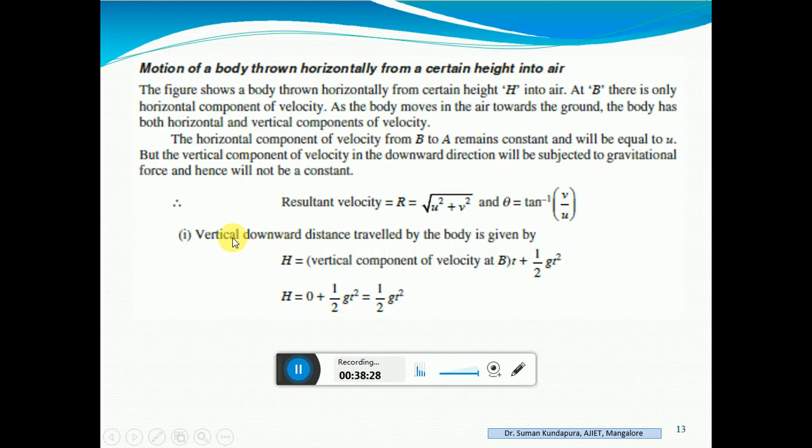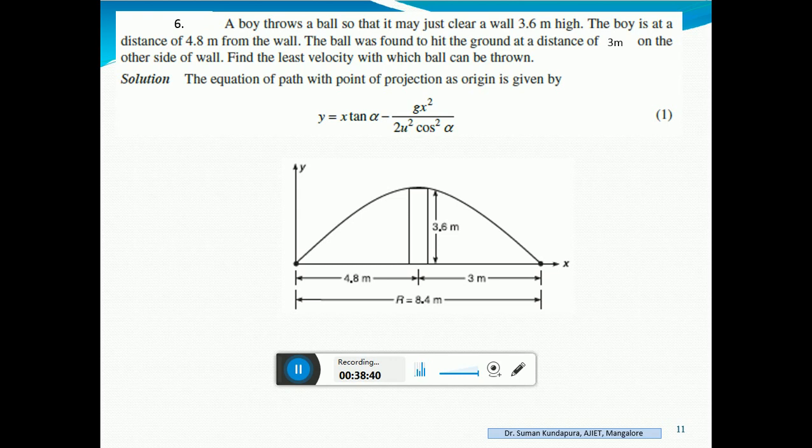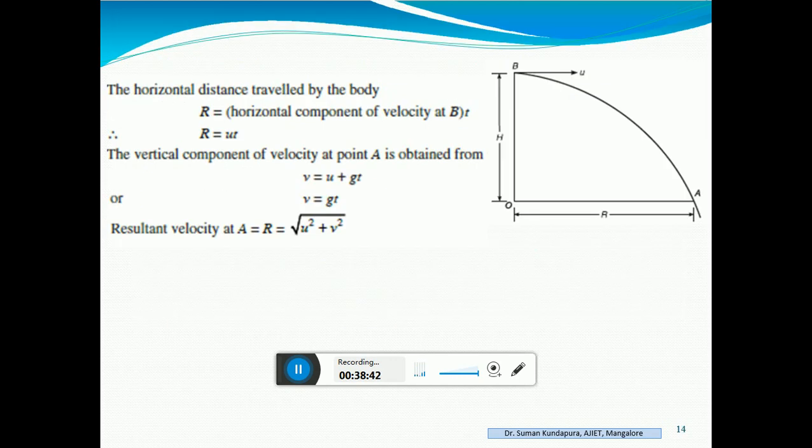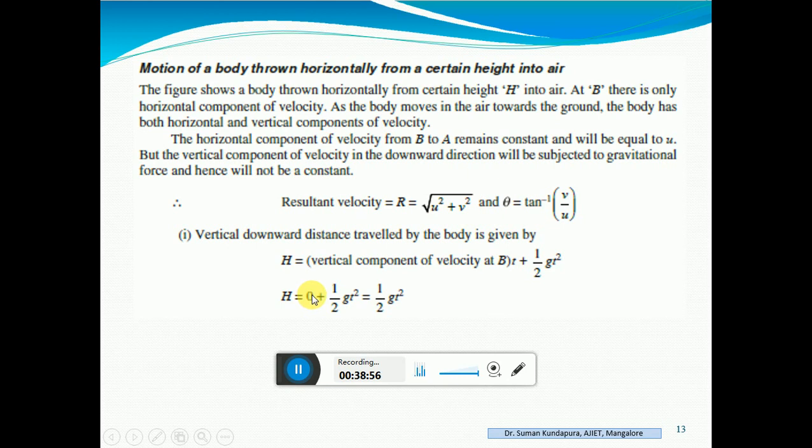Here vertical downward distance travelled by the body is given as the vertical component of velocity at B, at this point, vertical component of the velocity at point B. Here only horizontal component exists, so vertical component here is 0, so we write it as 0 here, plus half gt square.